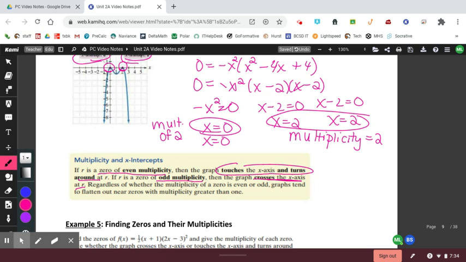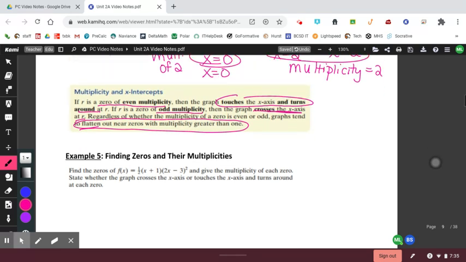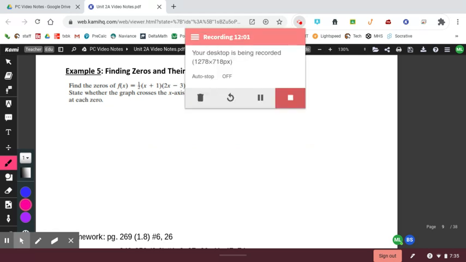All right, regardless of whether the multiplicity is even or odd, it will flatten out when the multiplicity is greater than 1. So even if it bounces, it might flatten more if your multiplicity is 4 or 6, or if the multiplicity is 3, it will pass through, but it'll flatten at that. All right, so come tomorrow with questions, and we will try some of those problems.